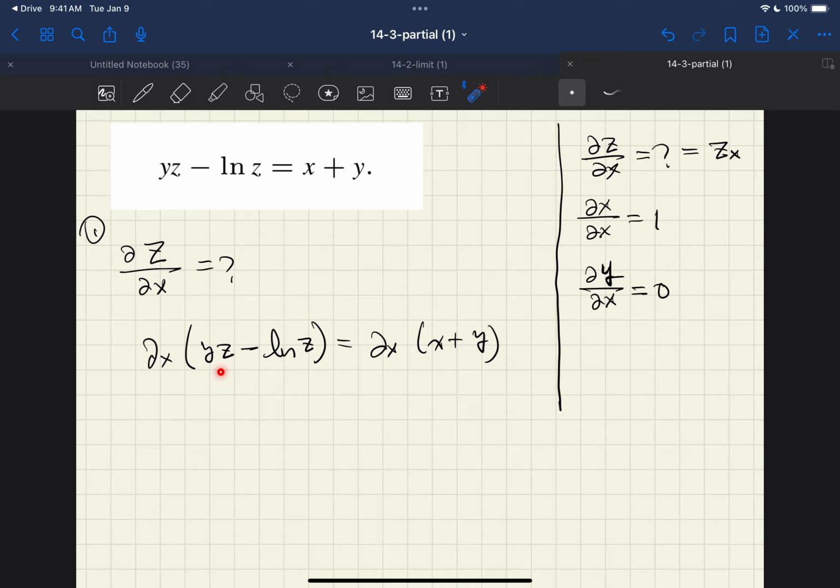So for this problem, we can break this down into several terms.